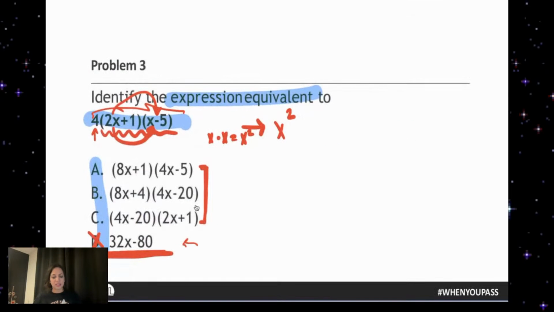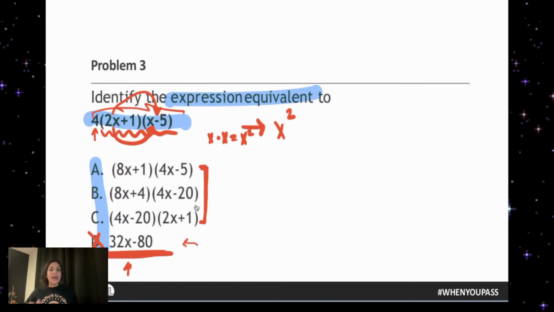Now, we know that that's 2x times x. Semantics, 2x times x is still going to give me a 2x squared. And this expression does not have any x squareds. So I know that D is out already.